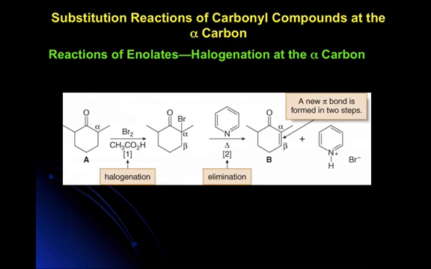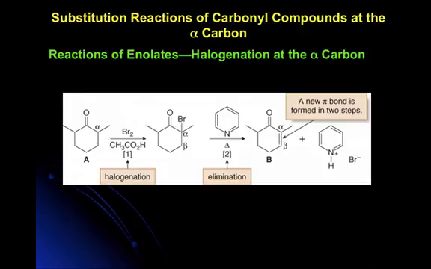So here's another example. We can take this dimethyl cyclohexanone. We can halogenate the alpha carbon. It doesn't matter which one because they're identical, right? And then we can actually treat this with a base, and we can eliminate a hydrogen from the beta carbon and the bromine from the alpha carbon, and we can put in a new functional group, a new alkene.